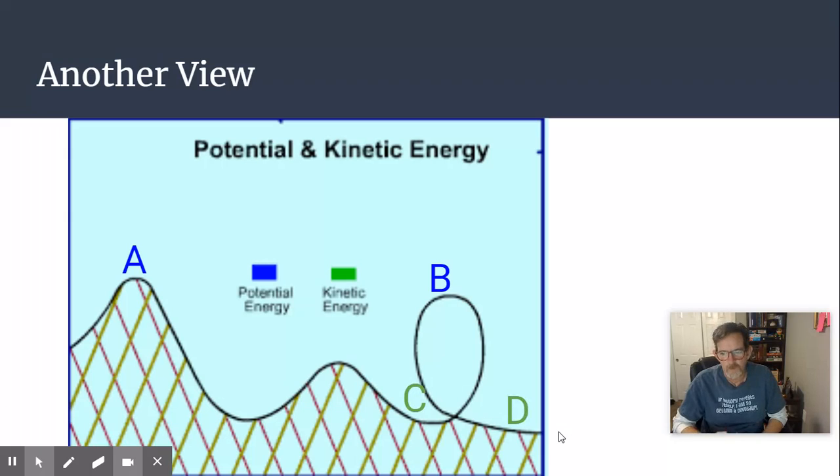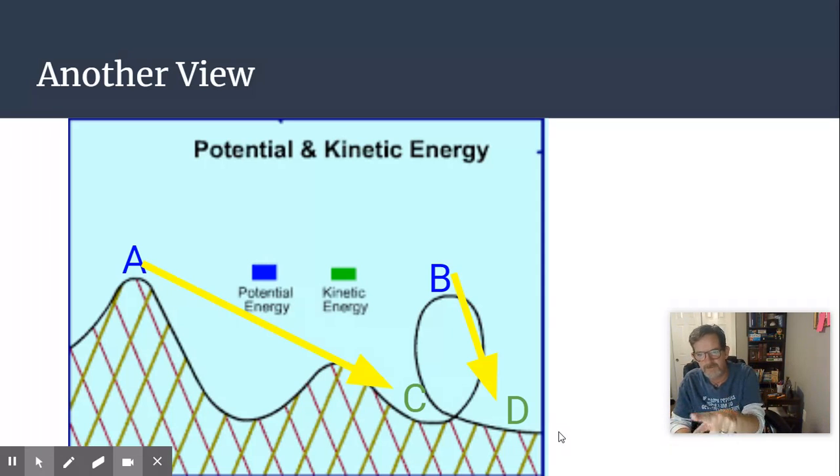In this one, we're looking at C and D, and this is our kinetic energy at its most. D being a bit more because it's its lowest point. C's right there with it because it's down there also. But when you look at the arrows from A to C, potential energy is transformed into kinetic energy, which goes back up into B to potential energy, then back down to D for kinetic energy.